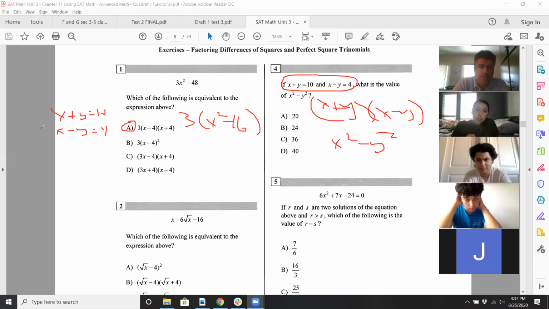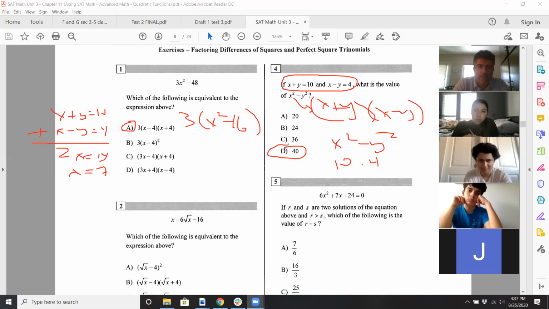And if you see an opportunity where you can add the equations, you eliminate the y's. 2x equals 14, x is 7, and then you can solve for y, which is 3, and then plug it into here. But we also see an opportunity that x squared minus y squared is just that. And so we can just do 10 times 4, which gets us 40. So either way, you're fine.